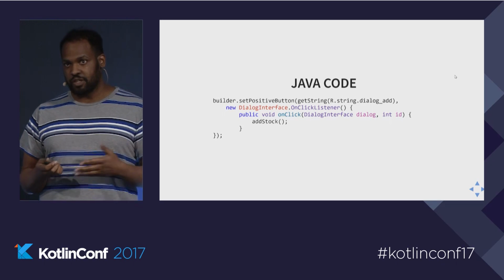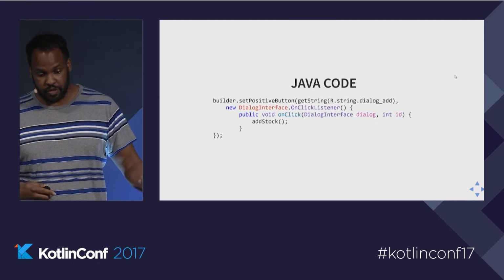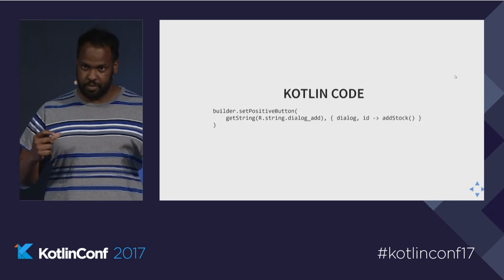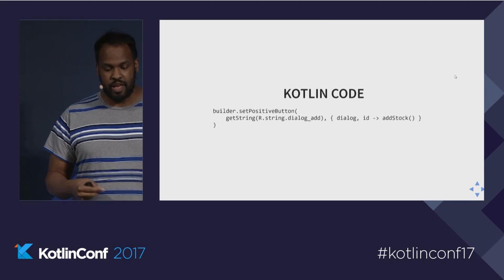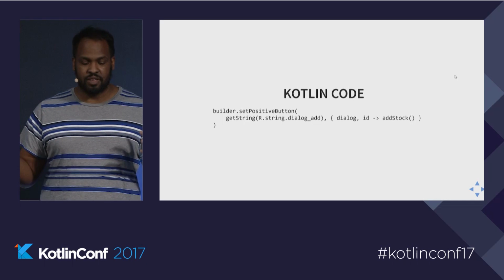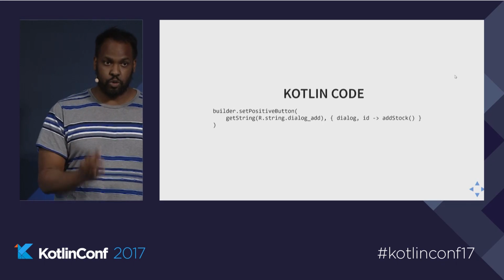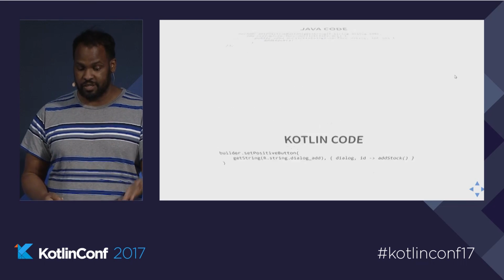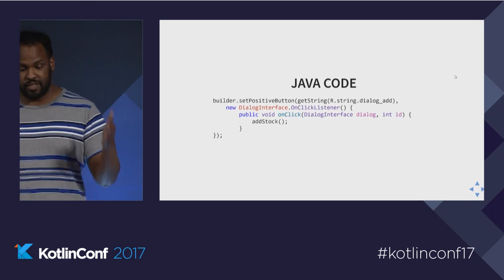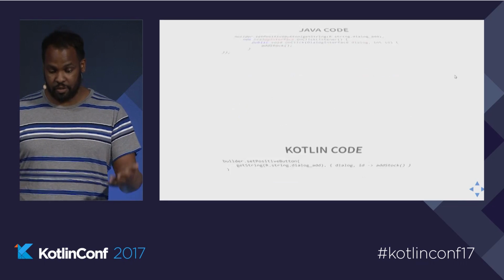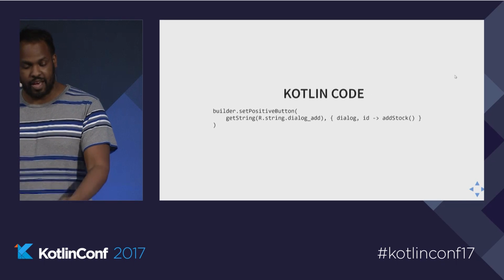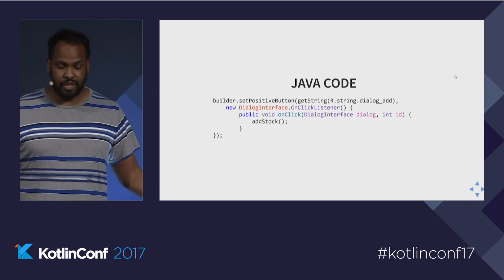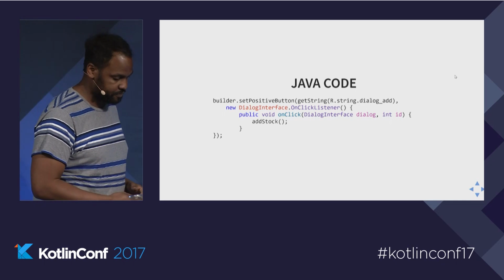But one of the things I really liked from Kotlin was something I missed from Groovy: if you have a closure, a lambda, a runnable bit of code that fits a certain interface, Kotlin will coerce that into that interface type. So this is the equivalent to this code right here, because it's implementing a runnable piece of code that has a dialog and an ID that gets coerced into DialogInterface.OnClickListener.